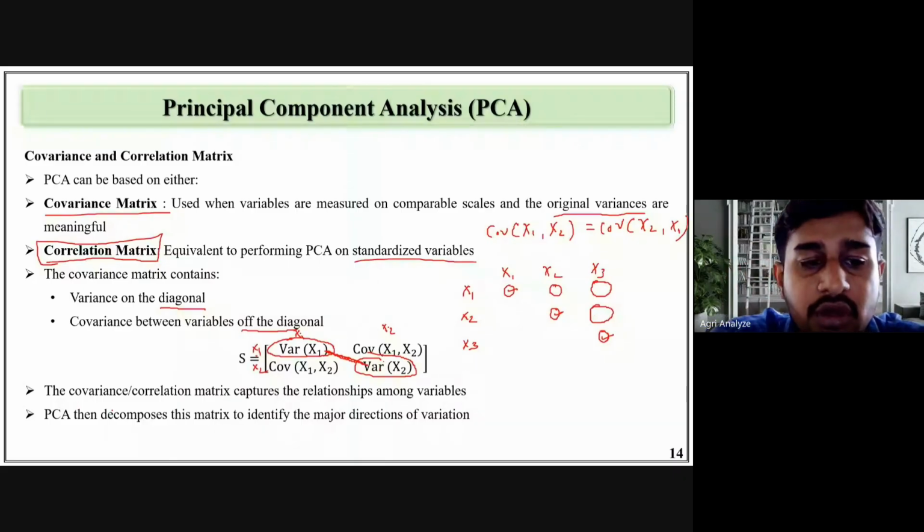Then the same for the correlation matrix I explained in previous slides. The diagonal elements show the correlation between x1 and x1, which is always 1, 1 and 1, because the correlation of a variable with itself is always 1.